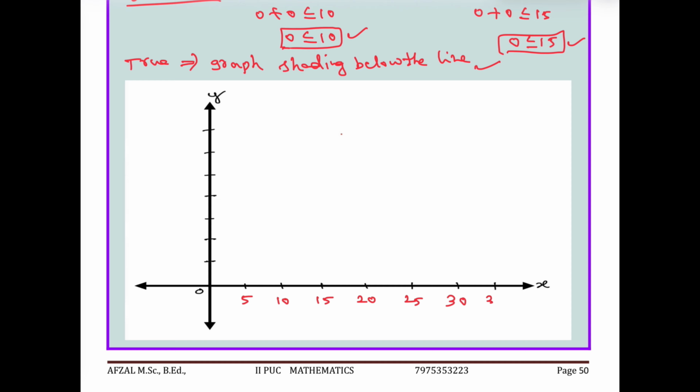Then y into (1 plus x square) equals the integral of cot x dx. The integral of cot x dx is log of sin x plus c. That equals y into (1 plus x square) equals log of sin x plus c, which is the general solution.